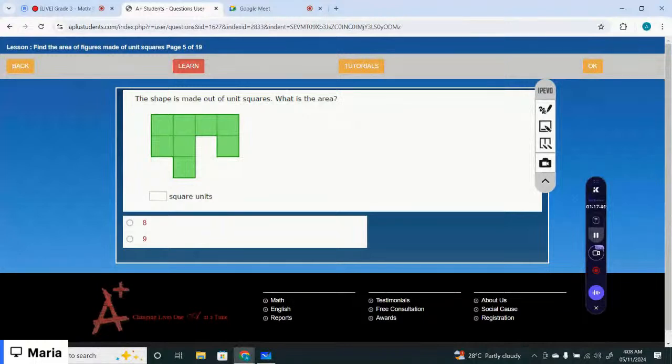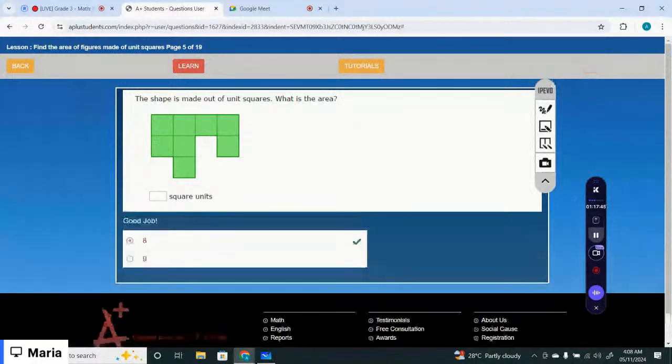The correct option is 8 square units. Option number 1 is the correct option. Very good.